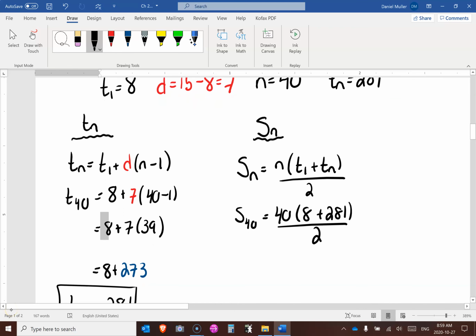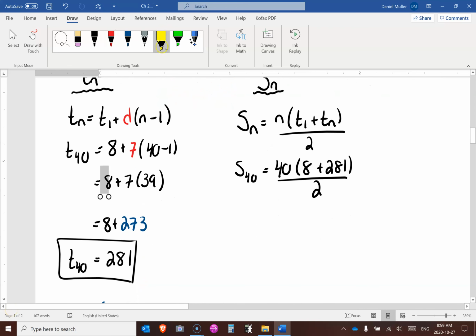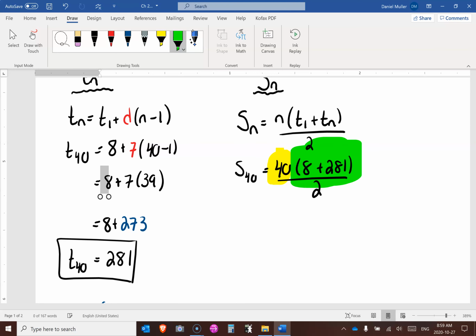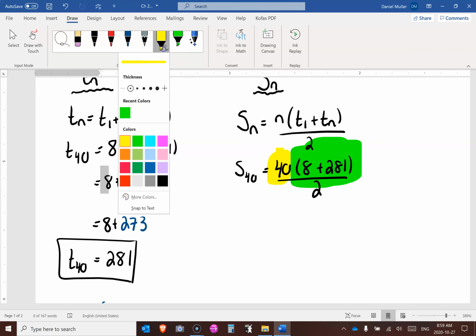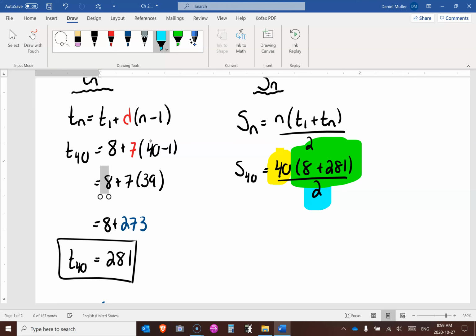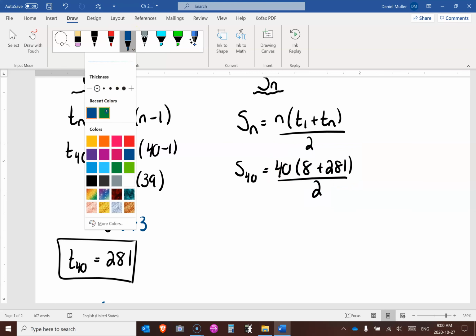Now here's where I'm going to simplify things a little bit. Just keep in mind that you've got 3 parts here. You've got 40 times this thing divided by this. So there's 3 kind of sections here. And so what I'm going to do is I'm going to just simplify the 40 and the 2.